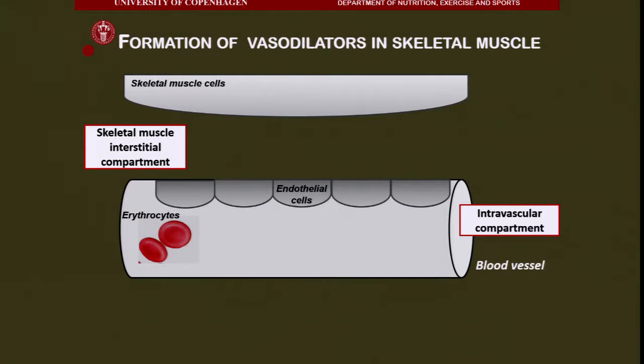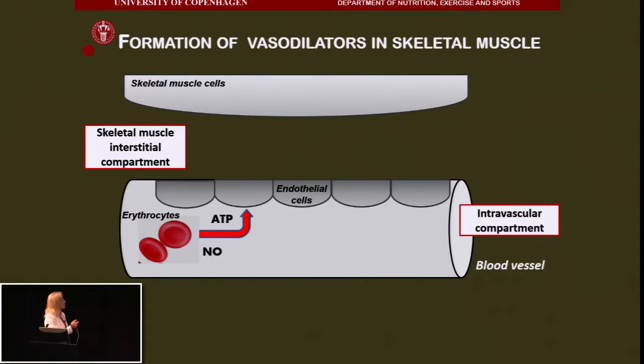So let's look at where these vasodilators and sympatholytic compounds come from in the muscle. We know they're locally formed. And there are at least three sources that we are aware of. One is the erythrocytes that you see here, the red blood cells passing through, I'll come back to this. They can release ATP and nitric oxide, vasodilators.